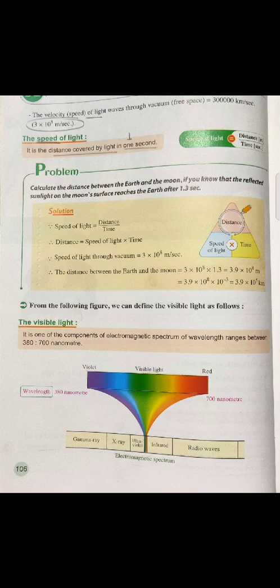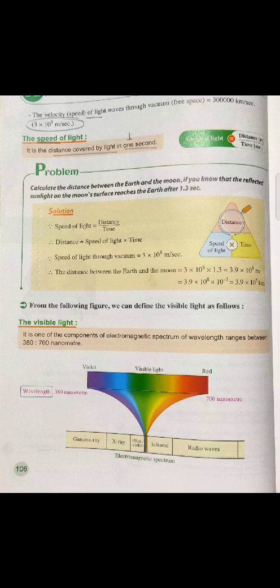Let's speak about the visible light. We know that the electromagnetic spectrum consists of gamma ray, X-ray, UV, IR, and radio wave. Between the UV and IR rays, we will find the visible light spectrum.